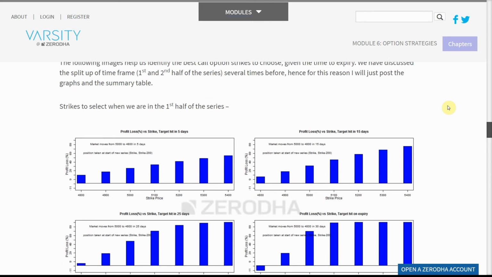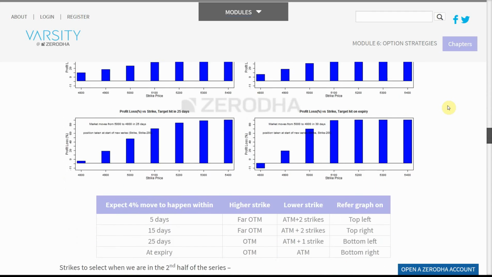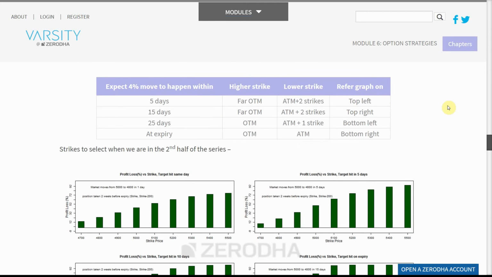Strikes to select when we are in the first half of the series. Expect 4% move to happen within higher strike, lower strike. Refer graph on 5 days for OTM ATM plus 2 strikes, top left. 15 days for OTM ATM plus 2 strikes, top right. 25 days OTM ATM plus 1 strike, bottom left. At expiry OTM ATM, bottom right.